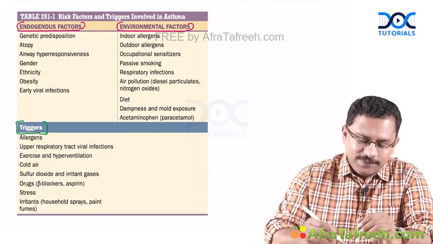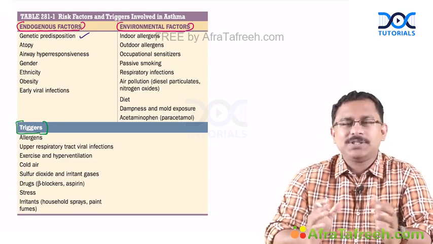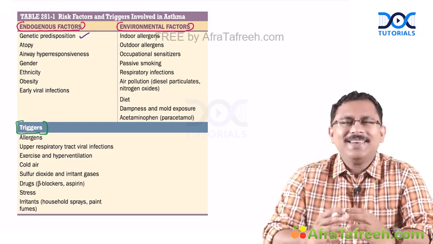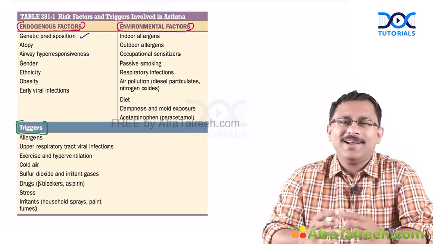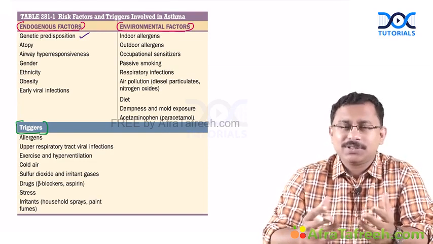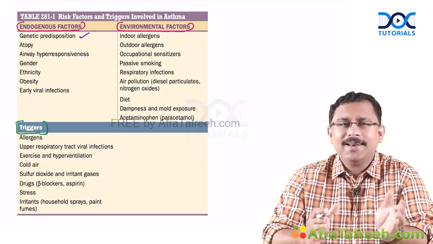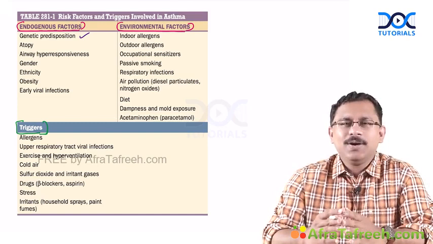The endogenous factors include a genetic predisposition. We do not have any definite gene that is solely responsible for development of asthma, though there are postulated genes, but there is definitely a genetic predisposition.